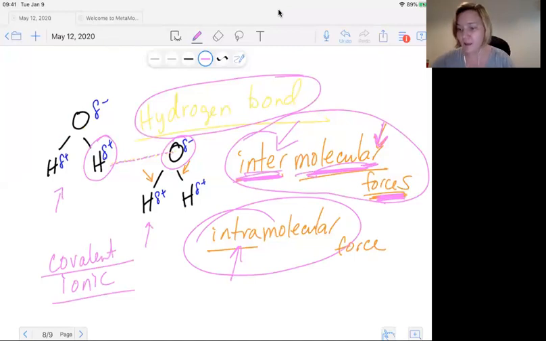So the covalent bonds here, these are intramolecular forces. They are holding one molecule together. Hopefully everybody's with me so far. If not, please pause, rewind, replay, and if that fails, get online and start asking me questions because I can answer them.